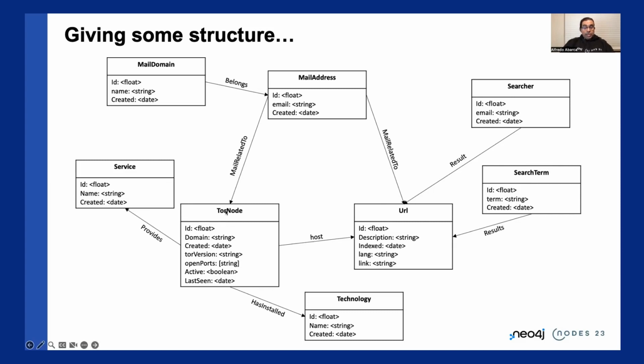Finally, the server that is associated with that URL, the server that hosts this URL, the technology behind that server, what web server is installed on that server, when it was created, and as well the different services around this server. Because normally when you're visiting the dark web, the most common thing to observe is the web server, right?